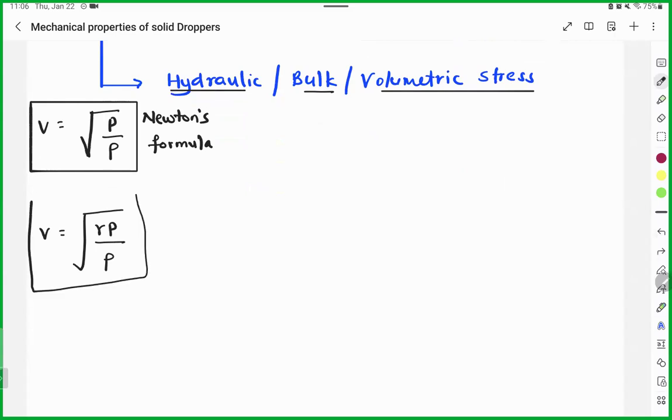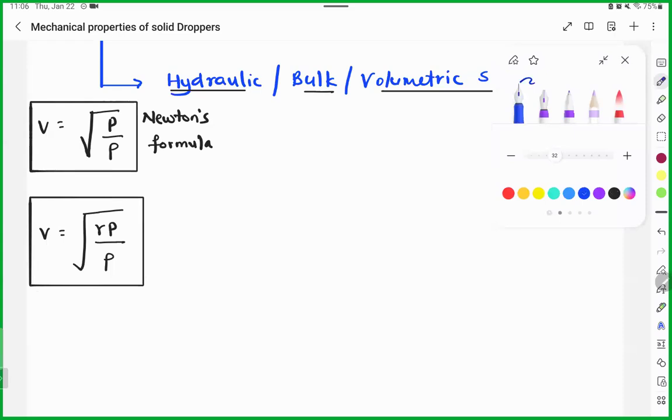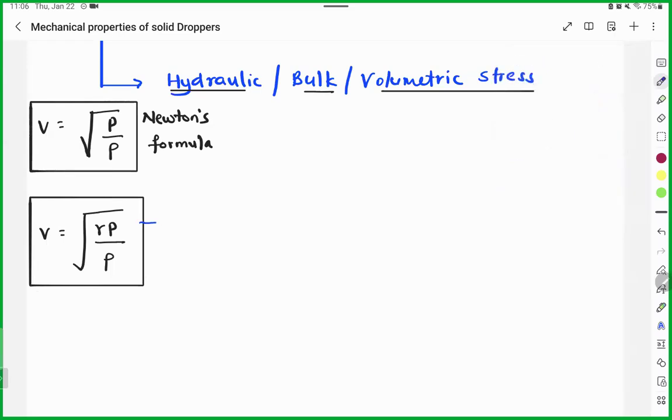Yes, this is the Laplace correction, and both formulas are extremely important, especially Laplace because you can compare with Newton. In the Laplace correction, here you have an extra Cp by Cv, so this is considered an adiabatic condition.